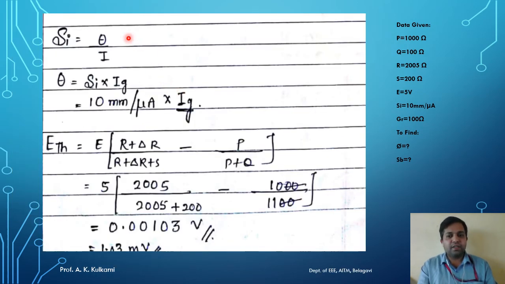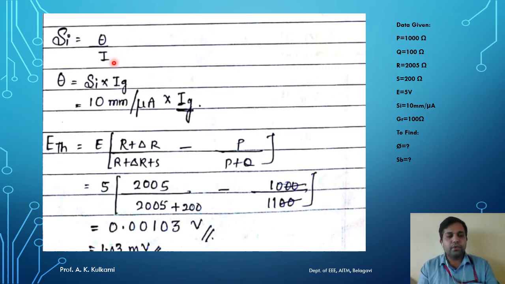As we know, in our problem statement the current sensitivity is given. The current sensitivity is equal to the deflection divided by the current flowing through the galvanometer. If you rearrange the formula, the deflection is equal to the current sensitivity times the current flowing through the galvanometer.